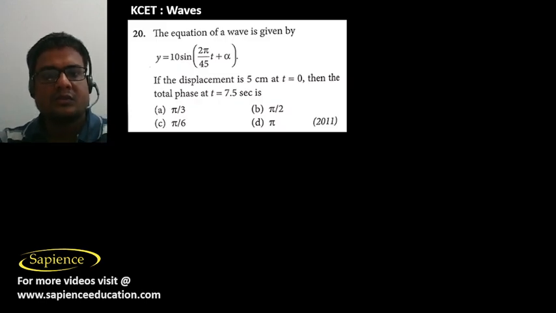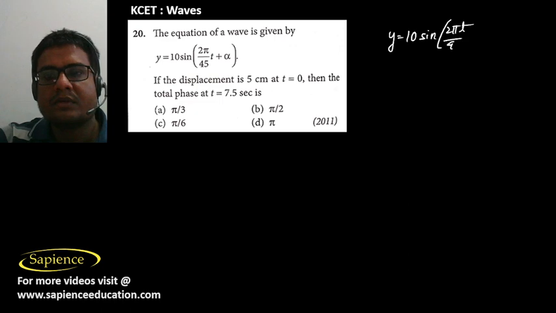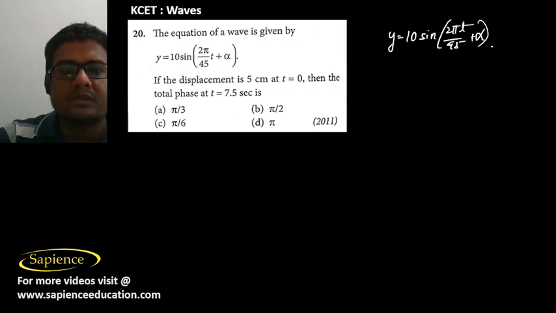Then here it is told the equation of a wave is given by y equal to 10 sine of 2 pi t by 45 plus alpha. Now if the displacement is 5 centimeter at t equal to 0, then find the total phase at t equal to 7.5 seconds.